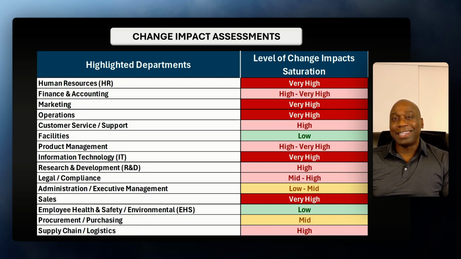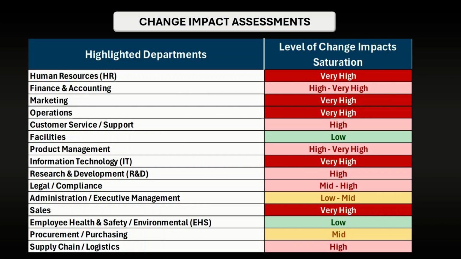The change impact assessment helps you and your leaders anticipate challenges and also address resistance before these challenges and resistance derail your initiative. The end result is something similar to this table that we are looking at here on my screen, which shows how each sample impacted department is being impacted overall by a particular project.